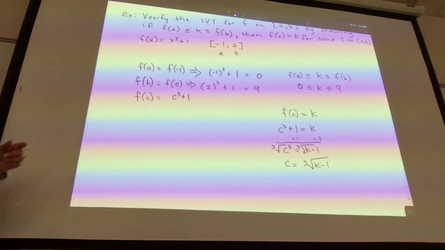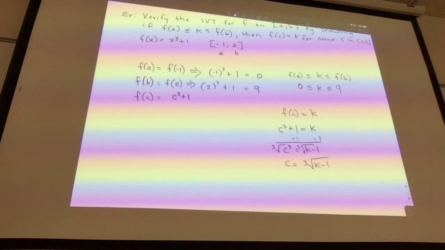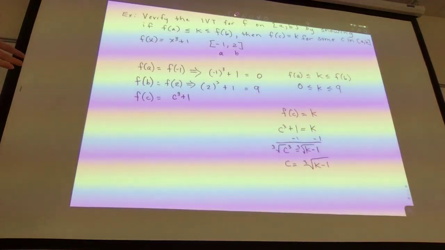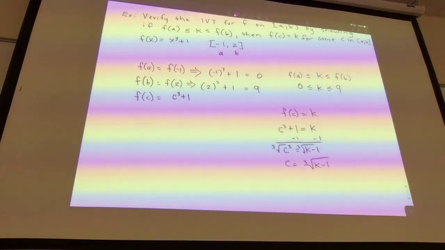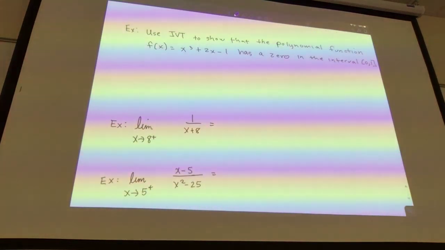You still have -1, still the cube root. We didn't find the actual answer because it didn't ask for it. Right, because the wording was for some C. We would need more information to give them the exact C. If they gave us some K, we could tell them what C was. So it's just the most general form there. All right.